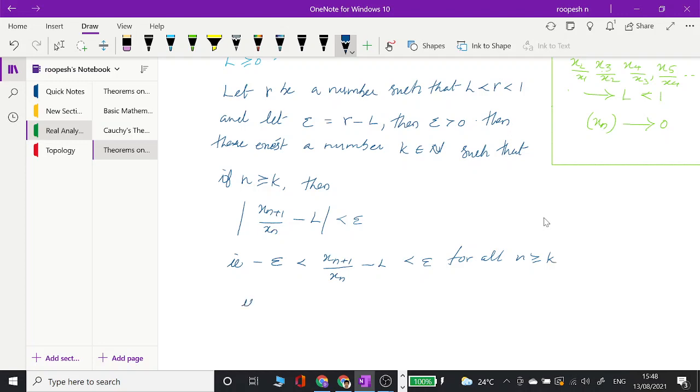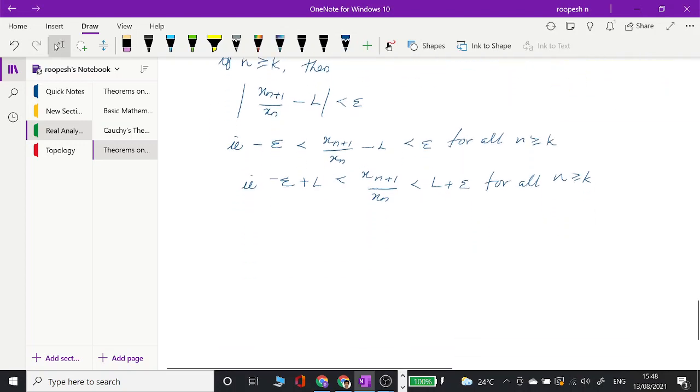Or that is, minus epsilon plus L less than x n plus 1 by xn less than L plus epsilon for all n greater than or equal to k. Now we will take only this right part, that is x n plus 1 by xn is less than L plus epsilon.